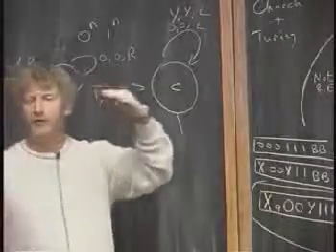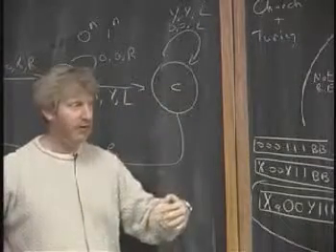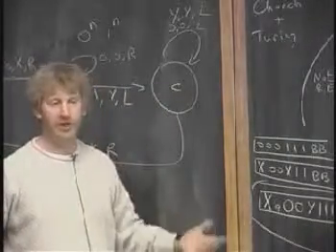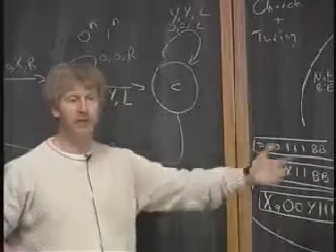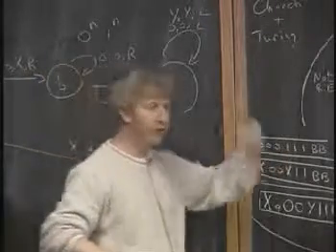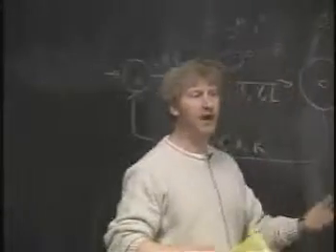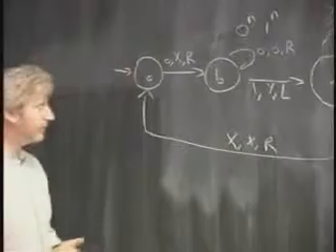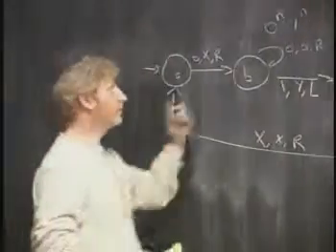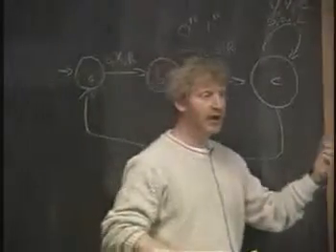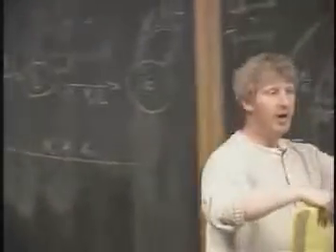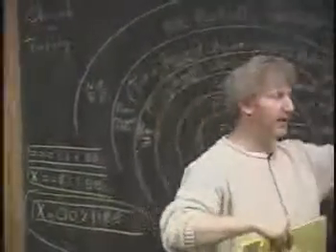If I put a lot of these configurations one after the other, that's a history of what the Turing machine did. That's called a computation. A bunch of configurations, one of which comes from the other one, is a history of what the Turing machine did. Some strings get accepted by Turing machines, and they leave a long history behind them of a set of configurations which end up getting accepted.